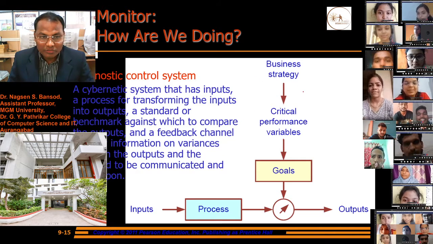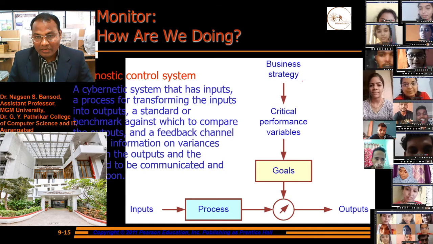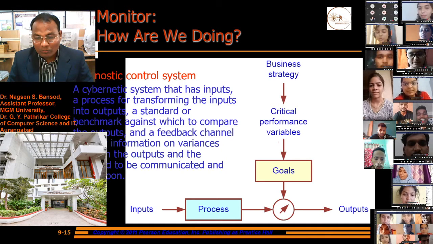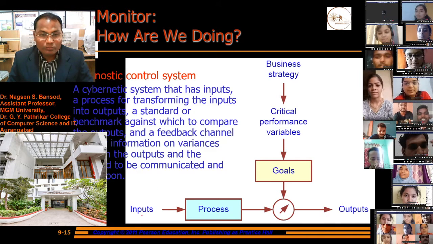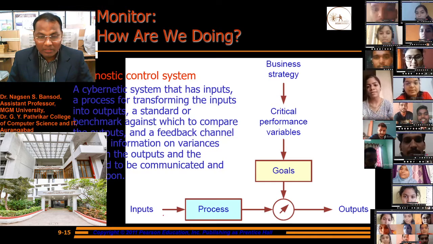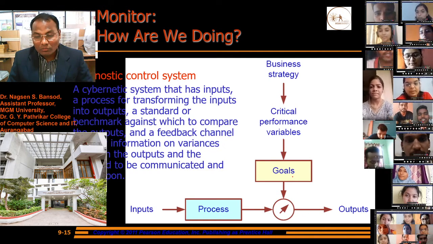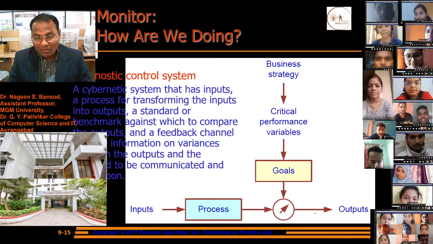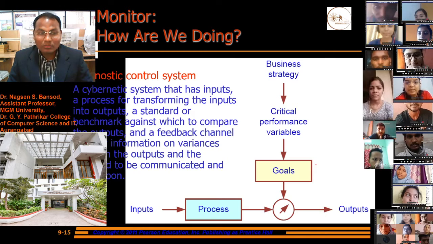There is the input. A cybernetic system has input: business strategies, then critical performance variables, goals we have to decide. We take the input, then process it and find whether we are reaching the goal or not, and accordingly we should get the output as our goal.